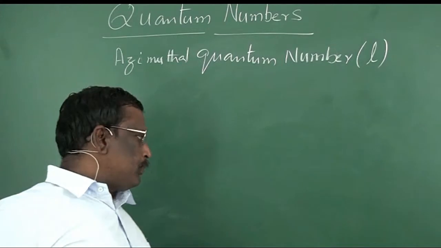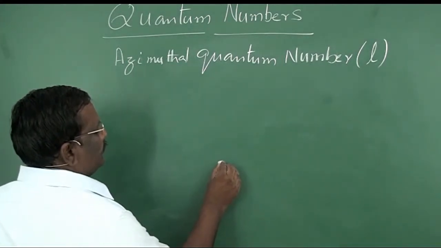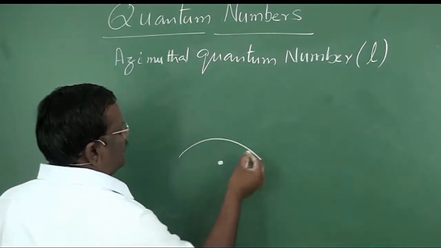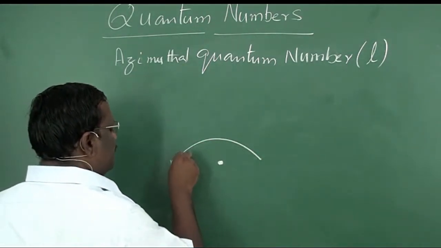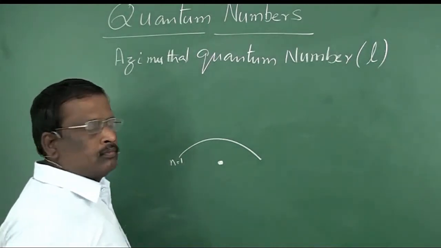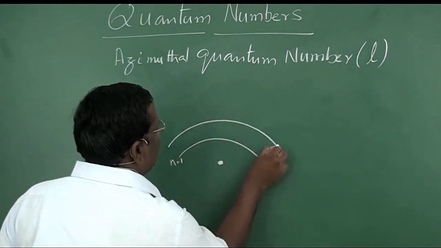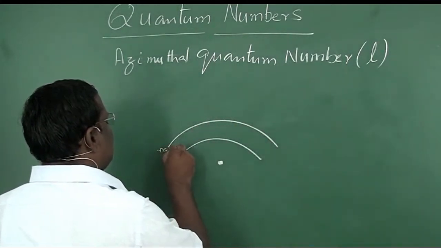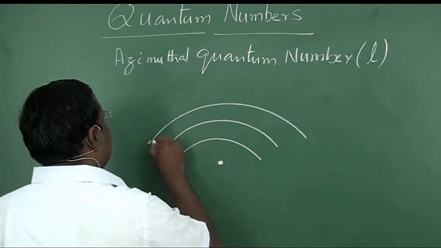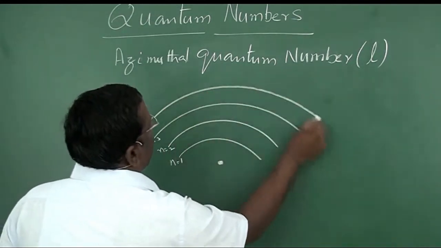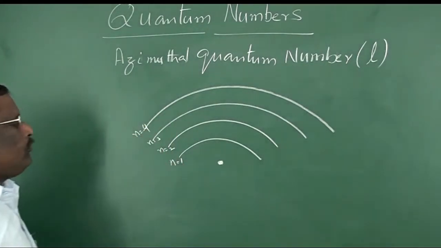For example, if this is the nucleus, from the nucleus you have the first energy level. For this energy level, n is equal to 1, and at a certain distance from the first energy level you have another energy level, n is equal to 2, and some other energy level n is equal to 3, another n is equal to 4, and so on.